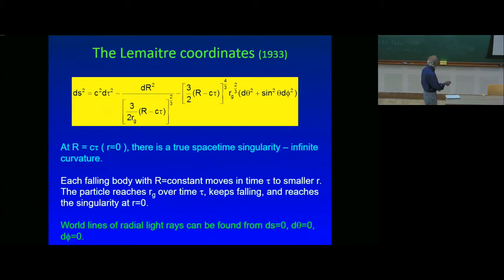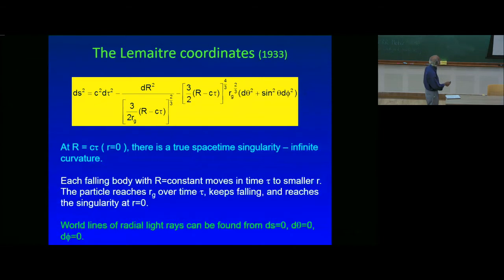So R equal to constant corresponds to moving to smaller and smaller radial coordinate r, the Schwarzschild coordinate. And the world lines of radial light can be found from the condition ds equal to 0, d theta and d phi equal to 0.